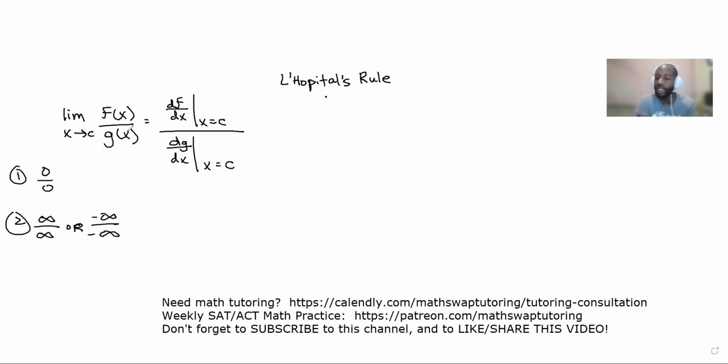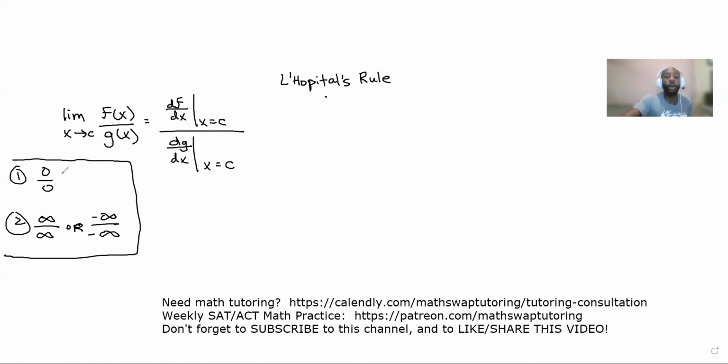However, if you have any of these situations, the limit is going to be equal to the derivative of the top function at x equals c over the derivative of the bottom function at x equals c. This is a way that you can find the limit of a ratio of functions when you have either of these two situations.